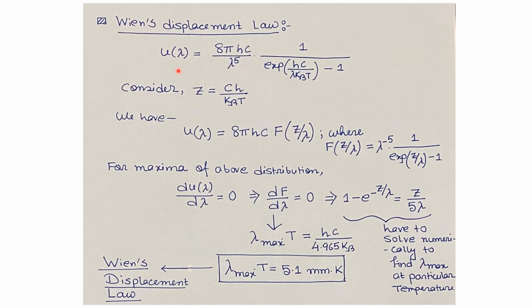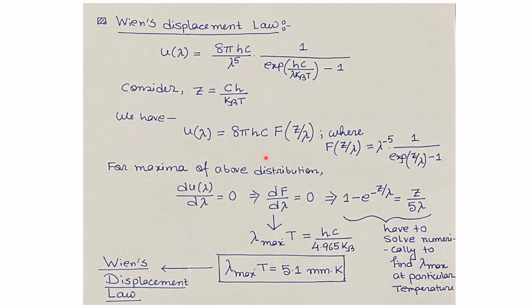So we can write this spectral energy density expression as u of lambda equals 8 pi hc times a function f of z by lambda. Now this function f of z by lambda is defined as lambda to the power minus 5 times 1 by exponential of z by lambda minus 1.